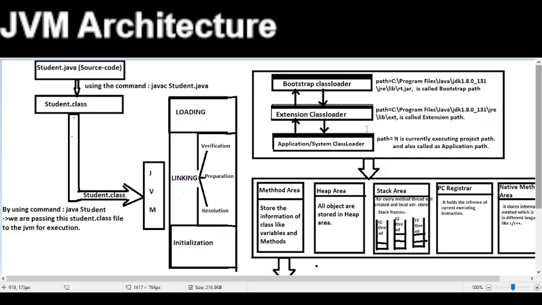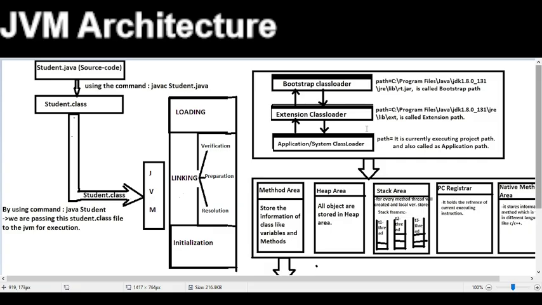If not present, then finally it will throw an exception like NoClassDefFoundError or ClassNotFoundException. Then the loading phase will be completed, and after that the linking phase will be there.